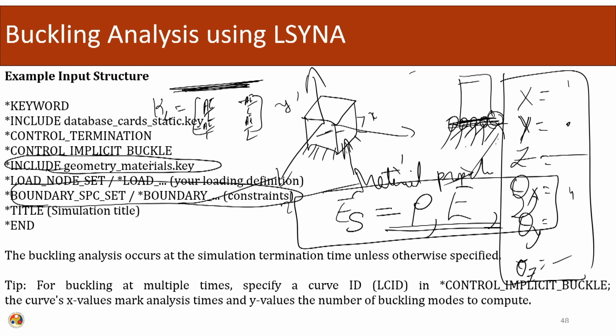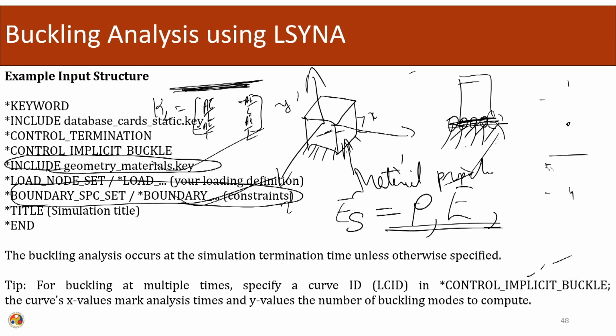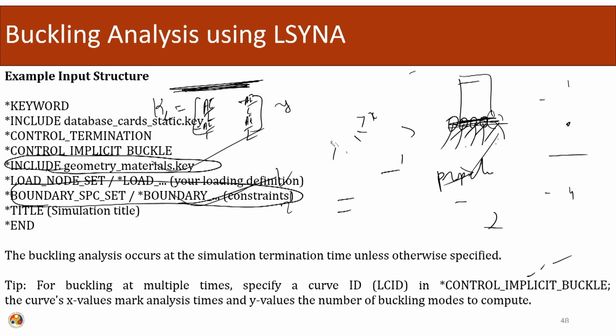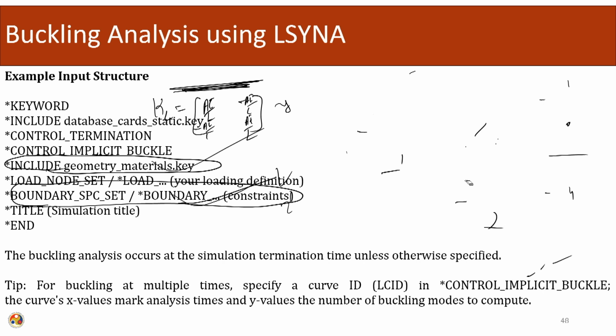So we have given the geometry and the boundary to the system. After that, if there is any initial condition present in the system, such as imperfections, these are normally given by some sort of preconditions. So we will put the preconditions here.